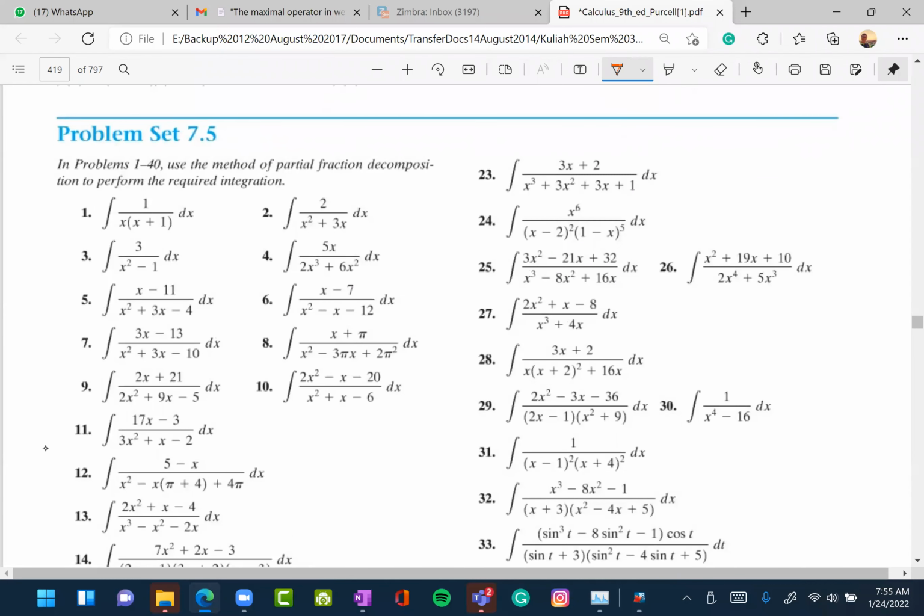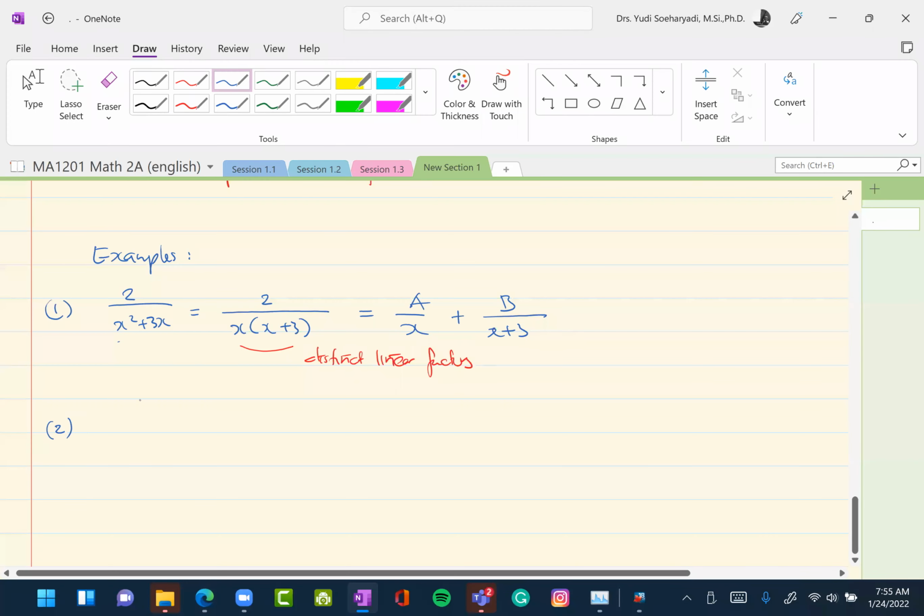Factors. All right, so let's see this one here, 4. So 5x over, so we get 5x, x cubed.